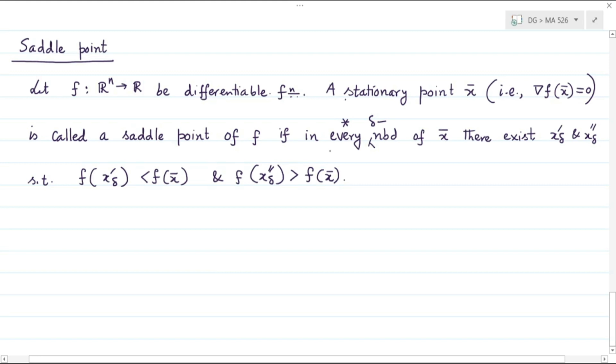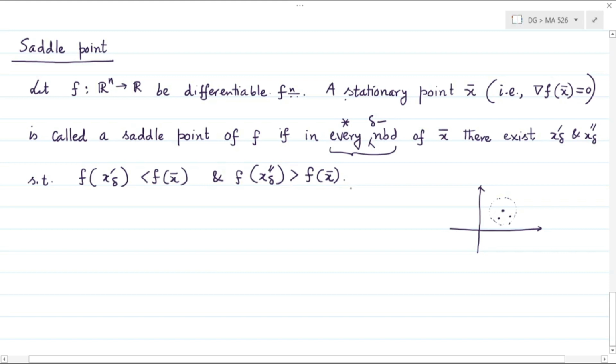Fine, and this has to happen for every neighborhood. In every delta neighborhood, this is very important, because suppose you have one neighborhood of the point, with x bar as its location, in which you have found one point x dash here and another point x double dash here, such that these two inequalities are holding true.